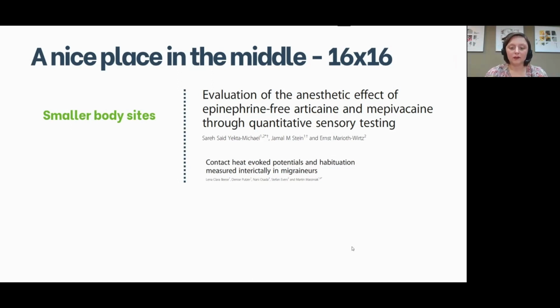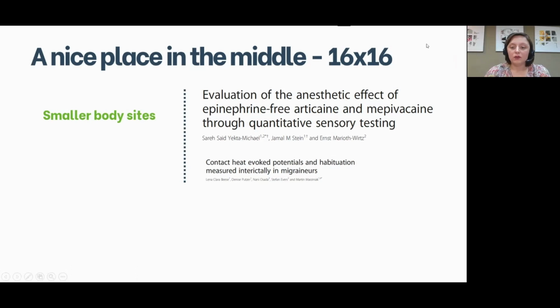And you can see an example here. So disregard the contact heat evoked potential part. We'll discuss it in a couple of slides, but they used the 16 by 16 to perform QST on the face of migraine patients in this example.